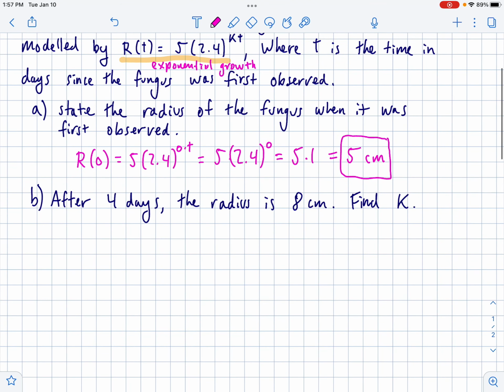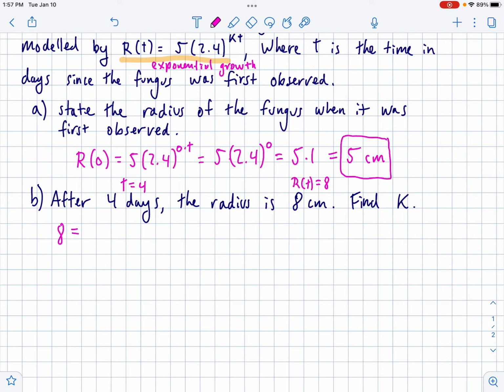Then it says, after 4 days, the radius is 8. Find k. Well, 4 days is going to be t equal to 4, and then 8 is when r of t is equal to 8. That's the radius. So we're going to set up an algebra equation.